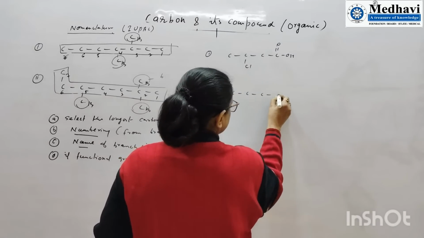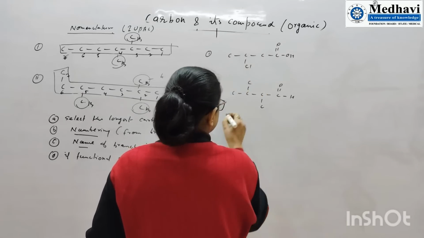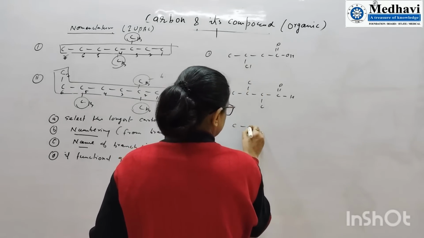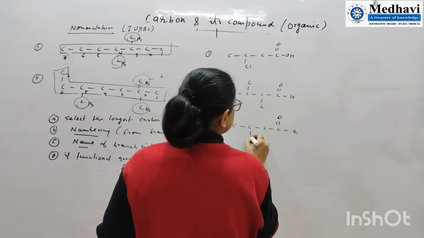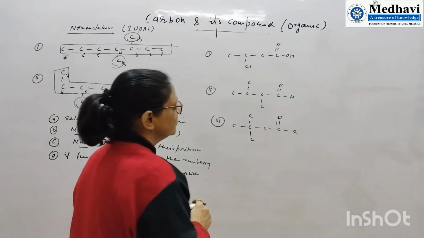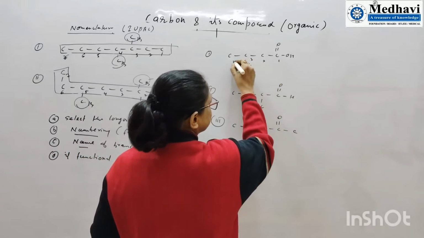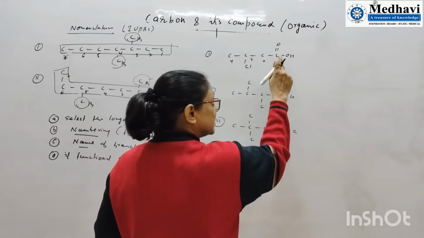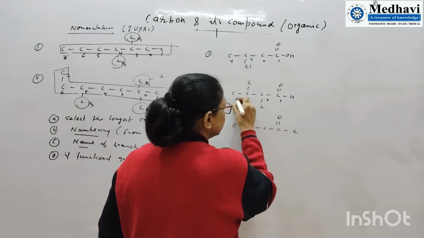Second is this. Third is this. Here numbering will start from here only. We can start from here. This carbon is considered as first carbon.